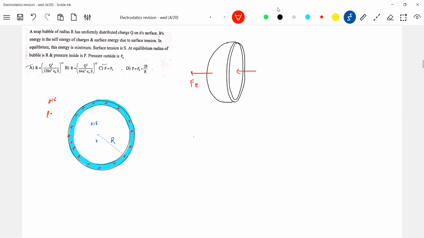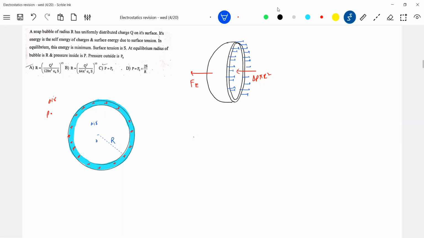And pressure force will be acting like this, pi r square. And the force due to surface tension will act both inner as well as outer.